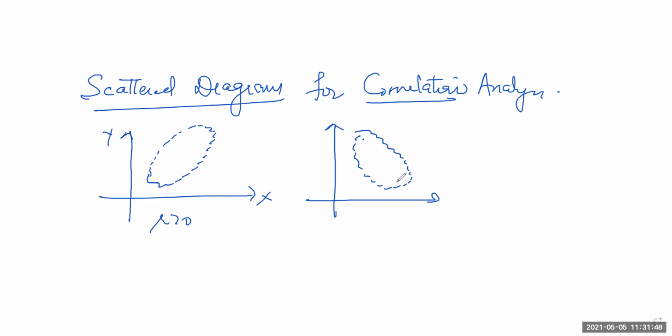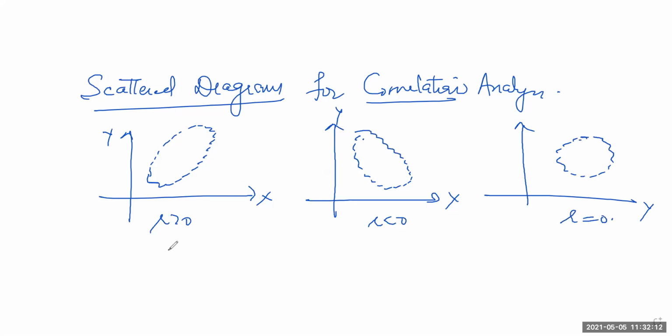They are clustered about the straight line. Okay, the difference can be that if they are very close to the line, it means that there is a high degree of correlation. If they are very far from the line, it means there is a low degree of correlation. And if they come in a circular form like this, it means here r is equal to 0.